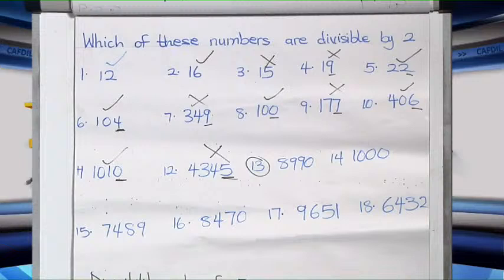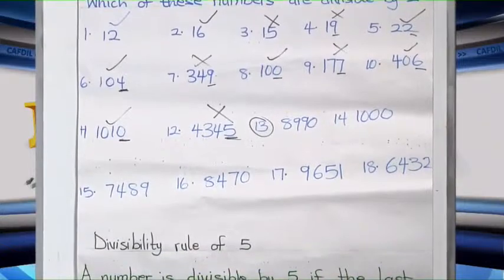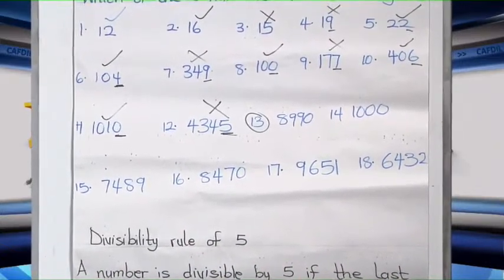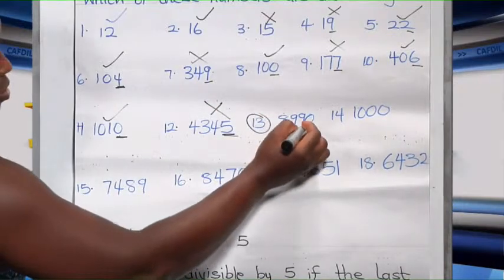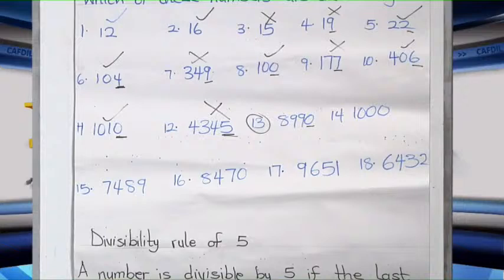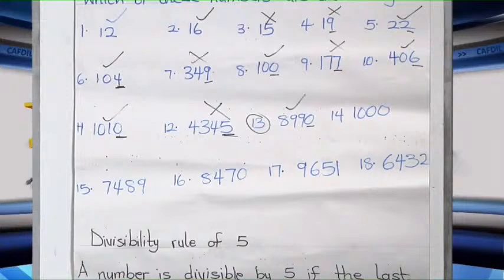Is it divisible by 2? Yes, 8,990 is divisible by 2. Why? The last digit is 0, and 0 is an even number. So it is divisible by 2, or it is a multiple of 2.